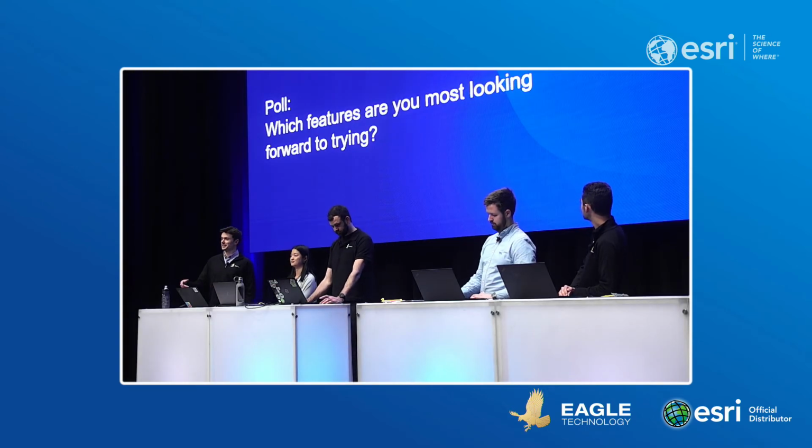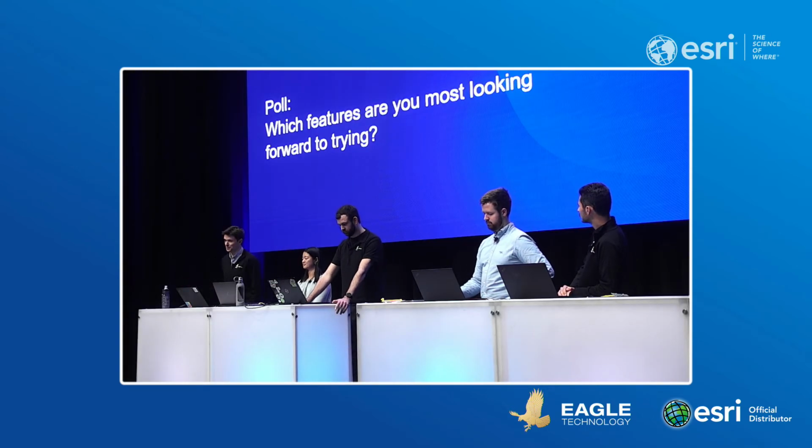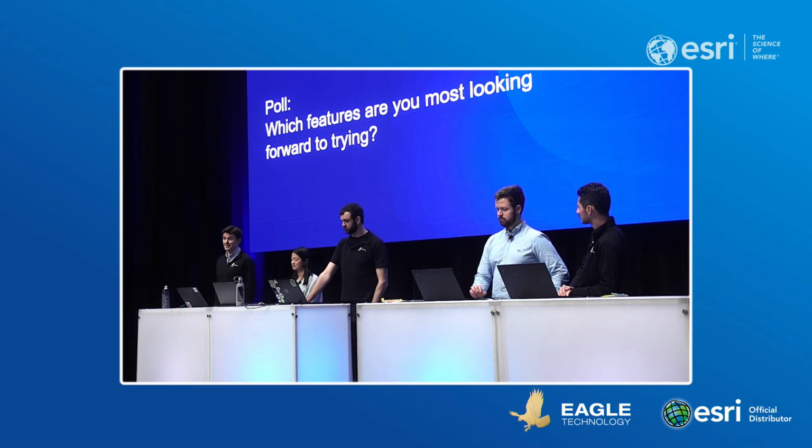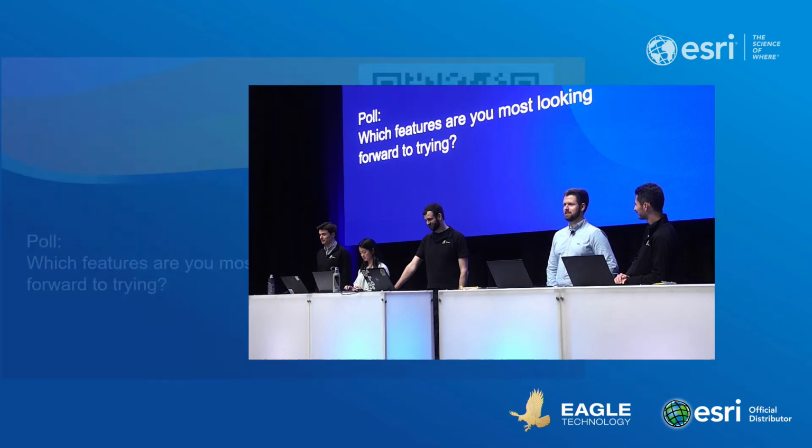Sweet. One more question for you guys. Sharing screen one, please. Cool. So if you haven't yet, or you've still got it saved in your browser, open up Slido again, and you can choose which feature you're most looking forward to trying. It could be based on what you're most interested in, or who gave the best demo, whatever you want.